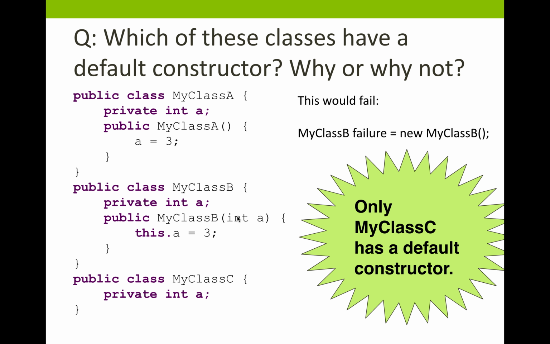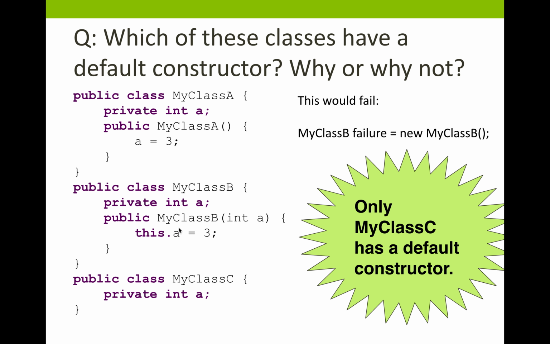Why would this fail here? I don't quite understand. My class B, failure equals new my class B. Why doesn't it just call the default constructor? It's because once you provide any constructor in the class, the compiler says you must know what you're doing. Perhaps you don't, but the compiler thinks you do. And it creates nothing.